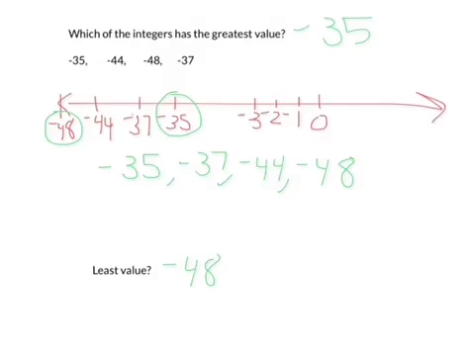They are all negatives. So you can think of them in order, like 35 would be the smallest, then 37, 44, and 48 if they weren't negatives. But these are the opposite. So if 35 was the smallest of these numbers in the positive, then it would be the greatest in the negative, because negatives are opposite of positives.